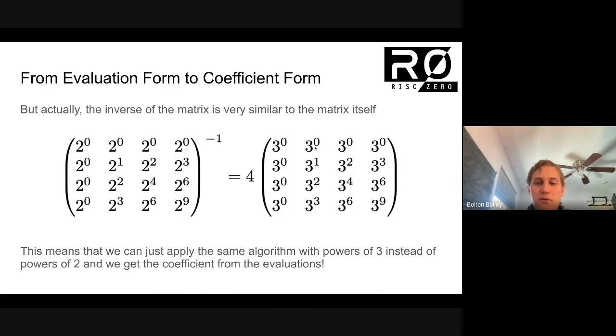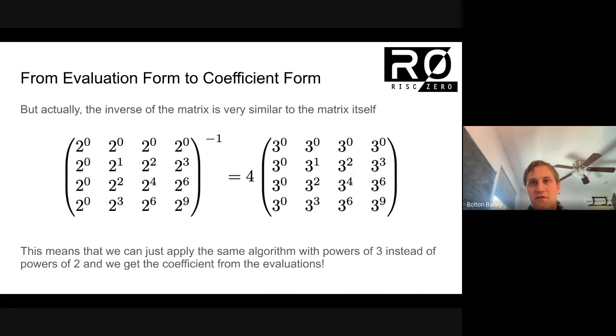And so this is all to say, you can check if you want that if I were to multiply this matrix by this matrix, I would get the identity matrix that doesn't change a vector at all.